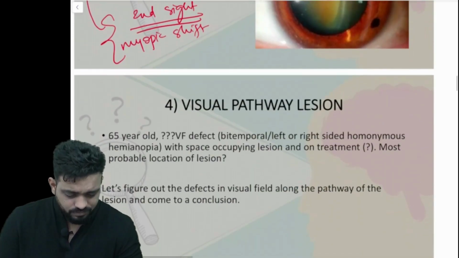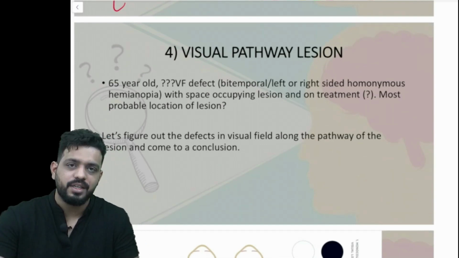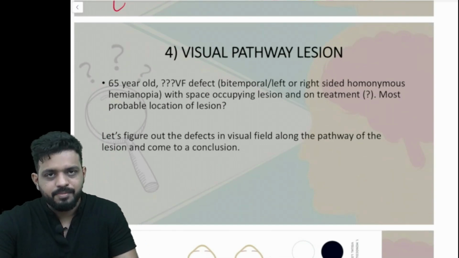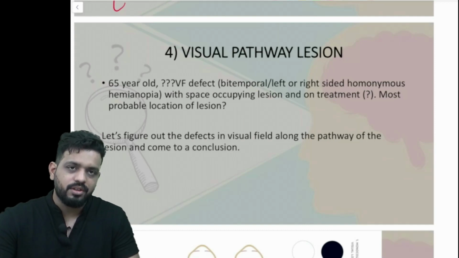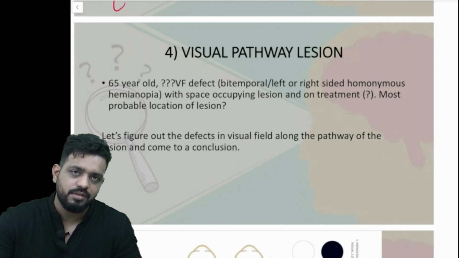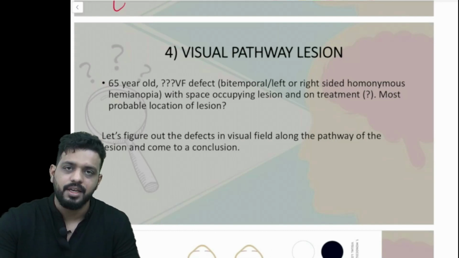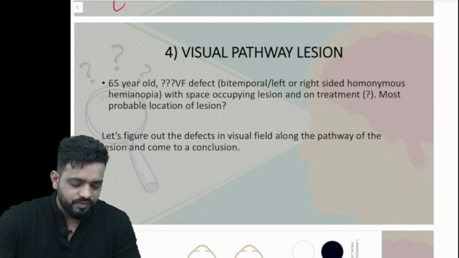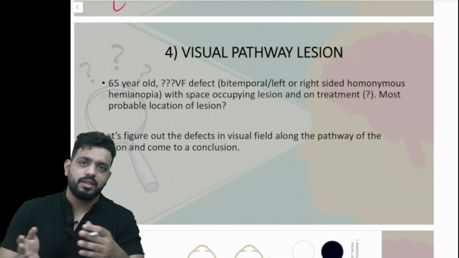Now moving on to the next question, the visual pathway lesion. There are a lot of theories by students attempting NEET about what the question was. So what I thought is I'll go through all the important lesions of the visual pathway. The question was something like this: a 65-year-old with a visual field defect or visual field loss. The confusion was, was it bitemporal, or a left-sided or right-sided loss?